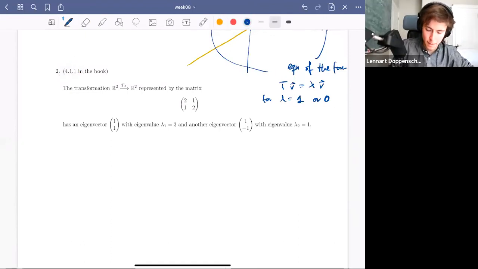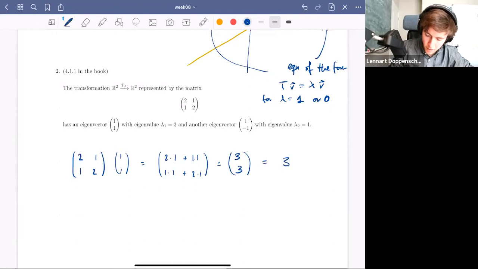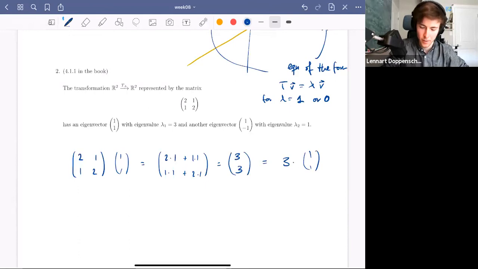By defining a transformation by matrix multiplication, we can observe if we multiply this matrix with (1, 1), what we see is 2 times 1 plus 1 times 1, and in the lower entry, 1 times 1 plus 2 times 1. This is equal to (3, 3), or differently written as 3 times (1, 1).